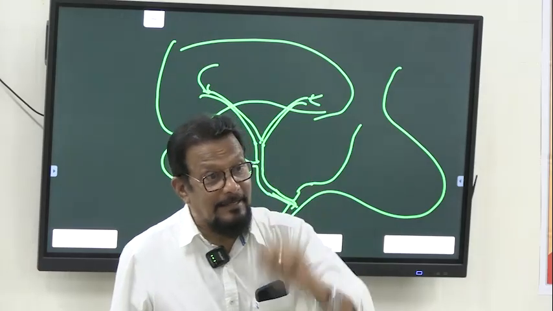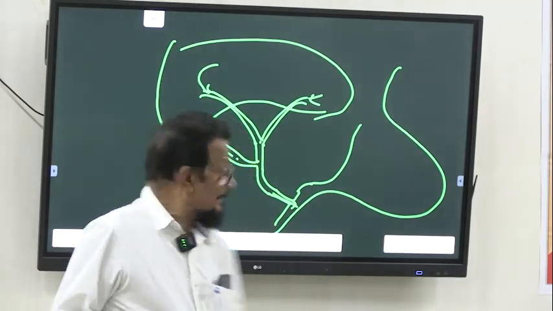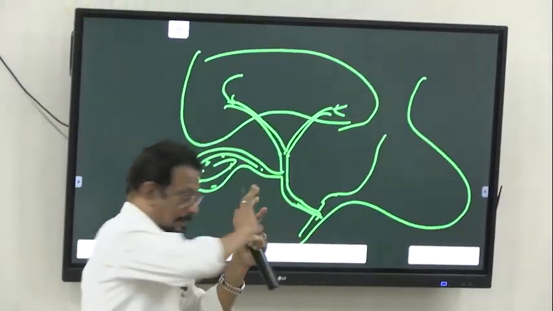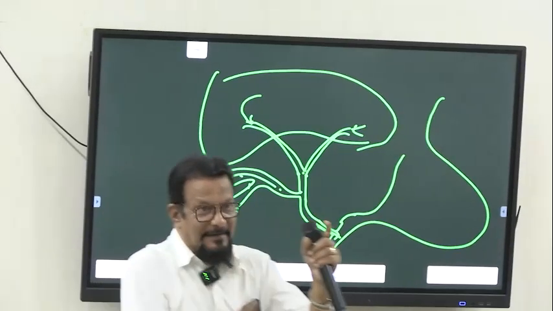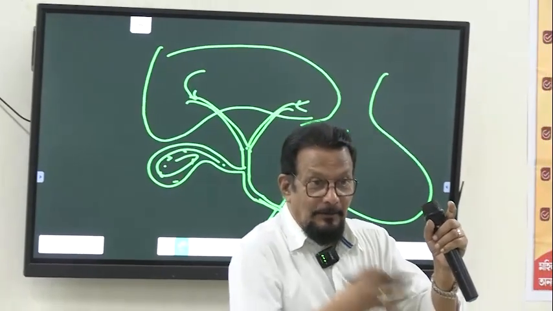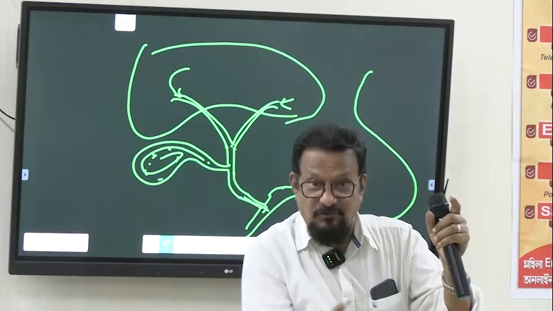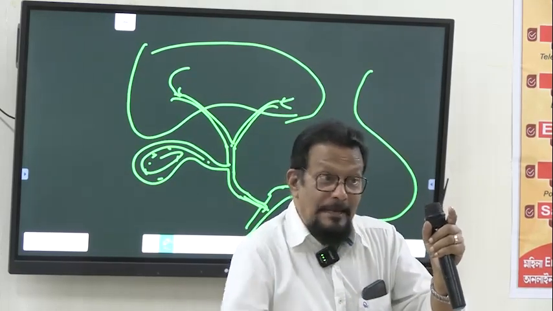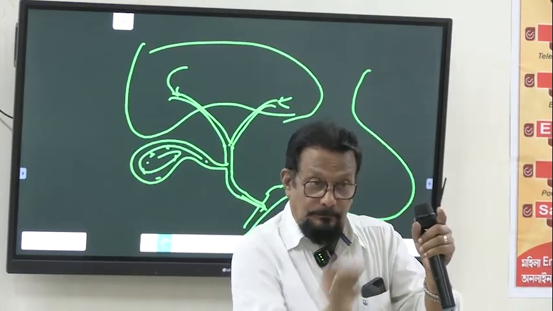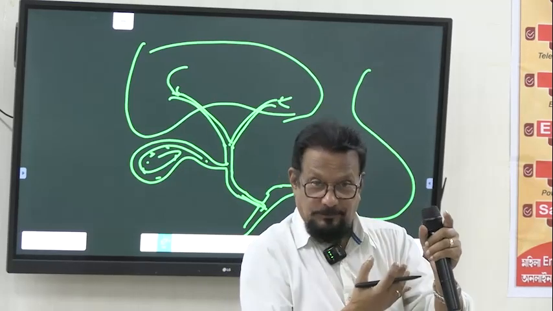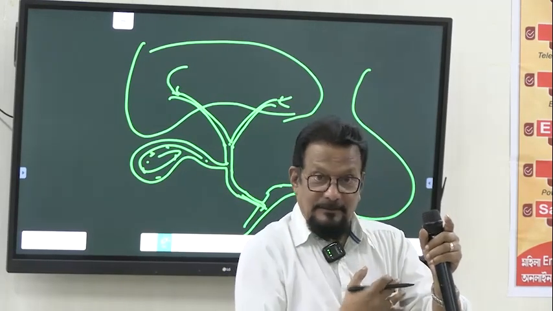Now what will happen to the rest 20%? In the GI tract, a lot of capillaries are there. Capillaries function to absorb the digested foods. So the rest 20% will be absorbed into the blood.